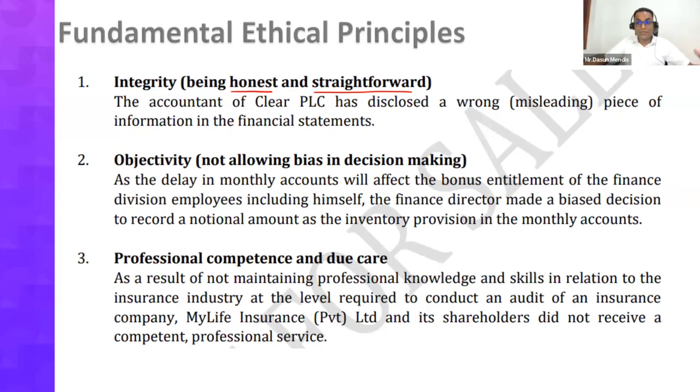So basically, integrity is affected if you mislead, if you knowingly provide inaccurate information, or sometimes conceal certain information. If you are not making the necessary disclosures, knowing that that is a requirement, all these things affect integrity. I hope you understood that.